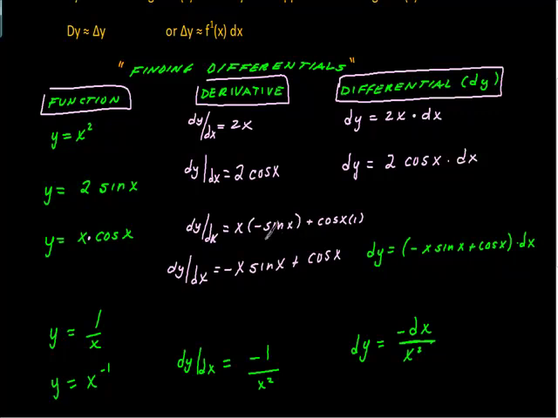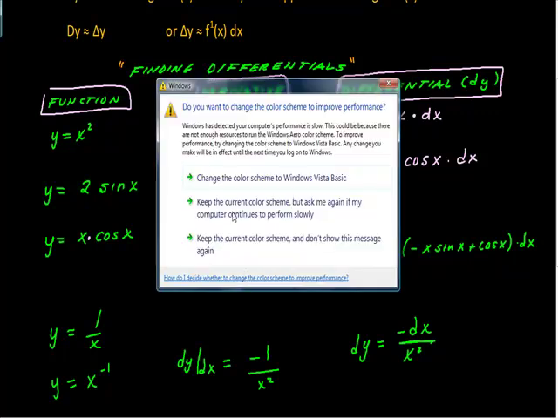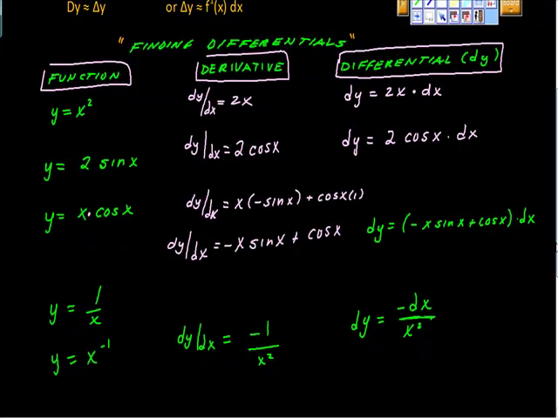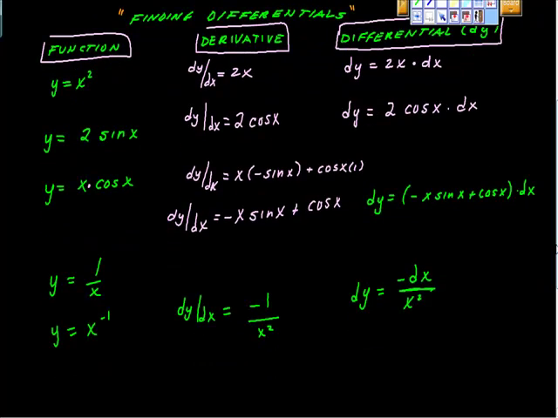Then I put this together: f of x times g prime at x plus g of x times f prime at x. That's how we get our derivative here. Of course all we're going to do is multiply both sides by dx, and we get that the differential dy is equal to the opposite of x sine x plus cosine of x, times dx.